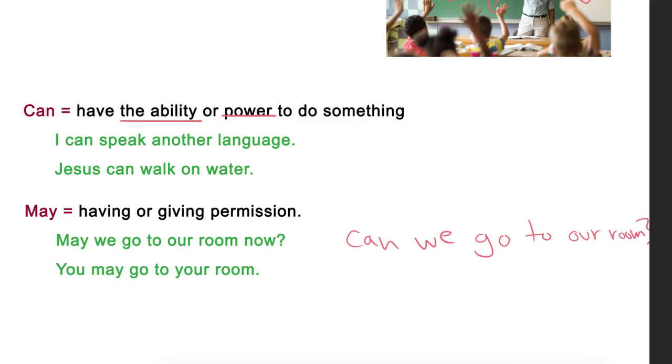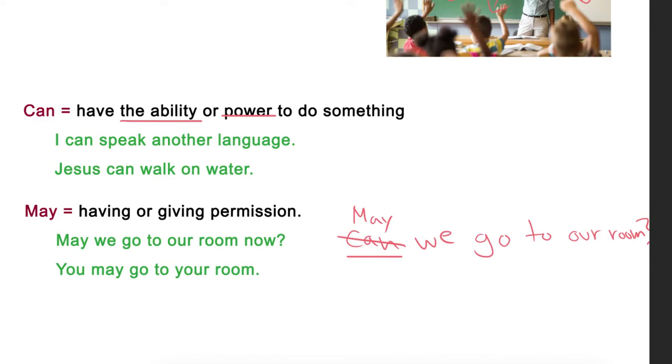So this might actually not sound wrong in your ears because we use can like this all the time, but technically this is wrong. You're asking for permission, right? You're not asking your mom, do I have the power to go to my room? Am I able to go to my room? That's not what you're asking, right? You're trying to get permission to do something. So instead of saying, "Can we go to our room?" you're supposed to say, "May we go to our room?" This is a very common mistake, very common.